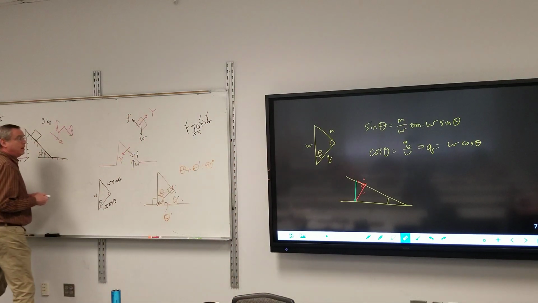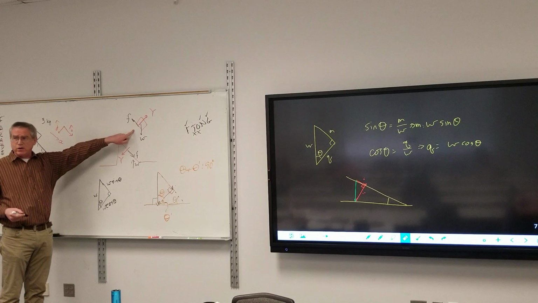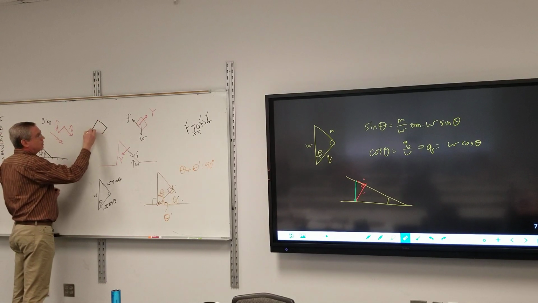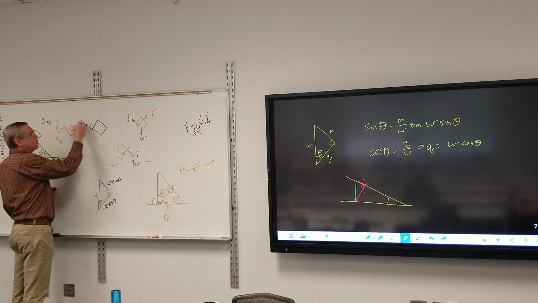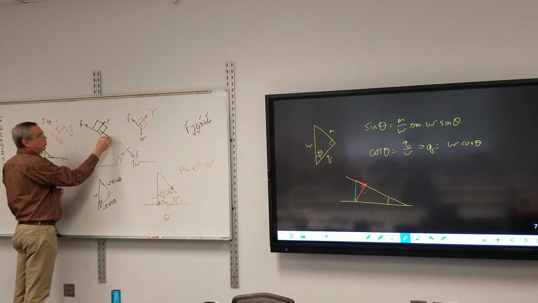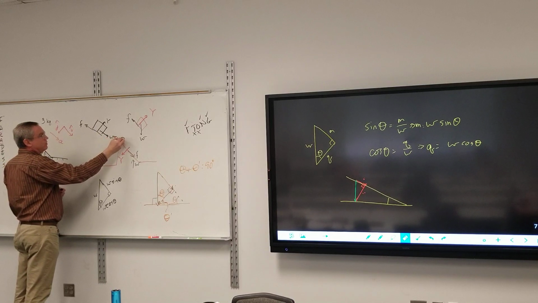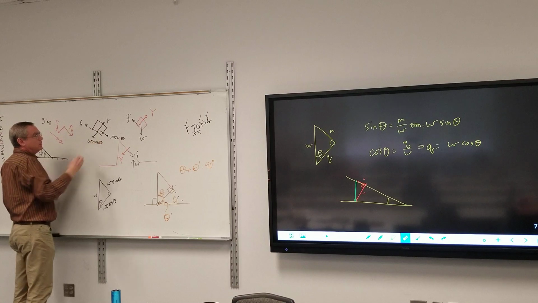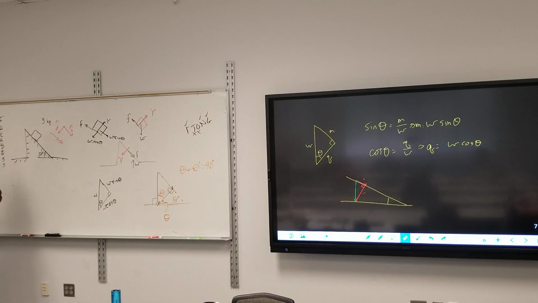So I am making the claim that this force diagram here can also be written as: I have friction acting this way, I have normal force acting this way, I have the weight times the sine of the angle down the ramp, and weight times the cosine of the angle into the ramp.